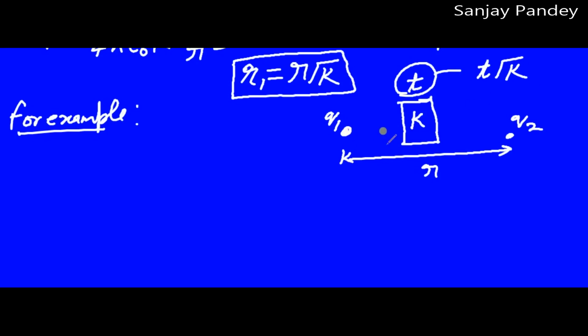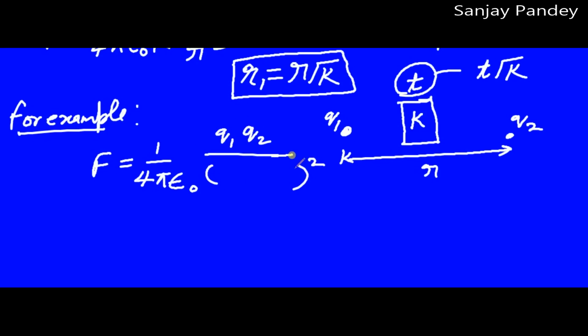and the formula of force between these two charges will be F is equal to 1 upon 4 pi epsilon naught q1 q2 upon square of distance between two charges in free space, which is, here we write the net distance in free space, which will be equal to r minus t, subtract this distance t corresponding to dielectric slab, and add its equivalent distance in free space, which is t under root k.